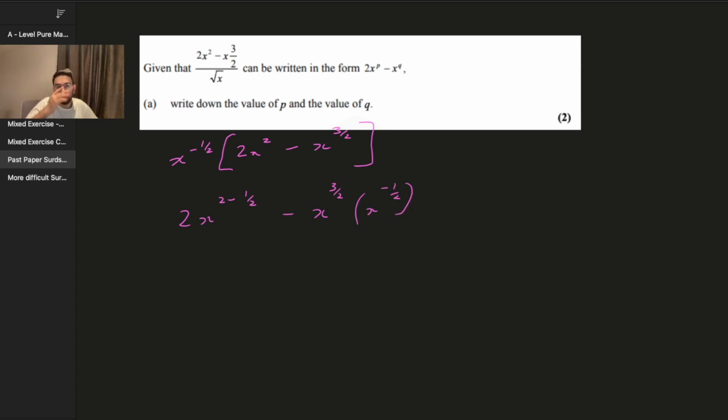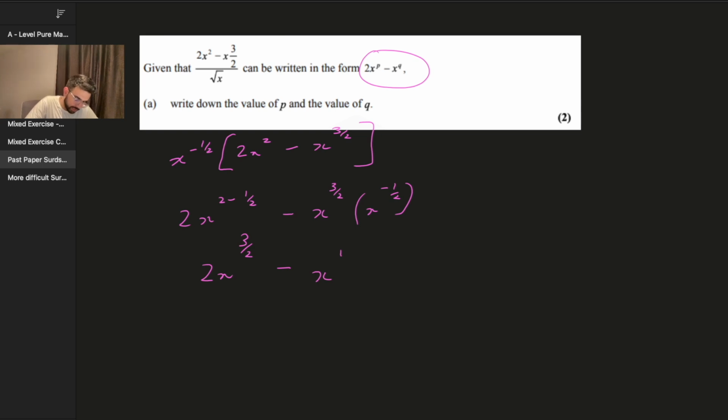Okay, so once we go further from here, we need to write it in this form. Okay, so it's going to be 2x to the 3 over 2. So therefore my p is 3 over 2. And then it's going to be minus x to the power 1.